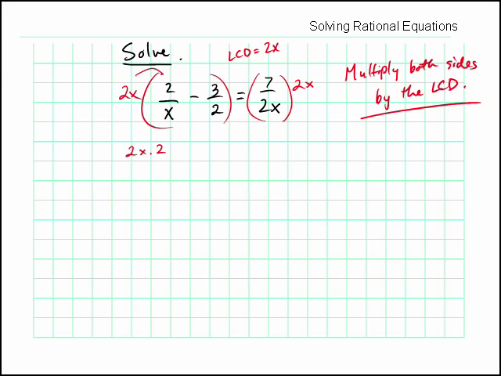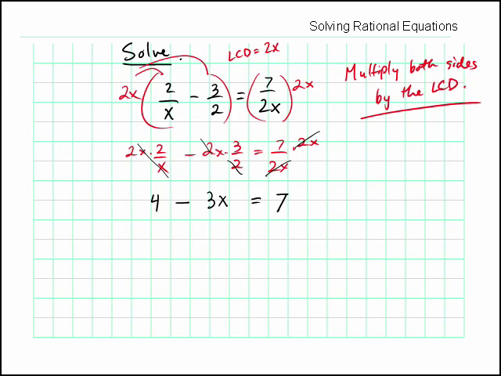2x times 2 over x minus 2x times 3/2, and over here 7 over 2x times 2x. Here the x's are gone, and we're left with 2 times 2, which is 4, minus, here the 2's are gone, and I'm left with a 3x, and here the 2x's are gone, and it leaves me with 7.